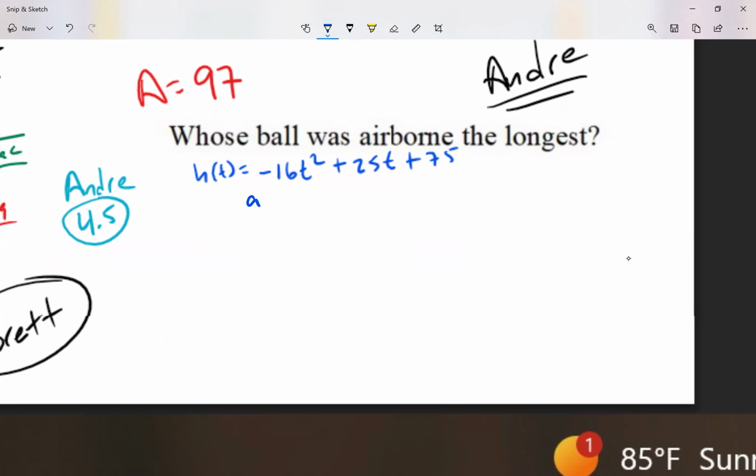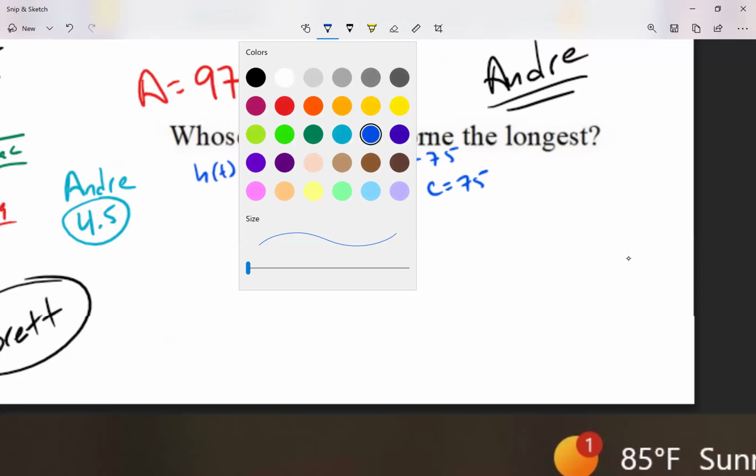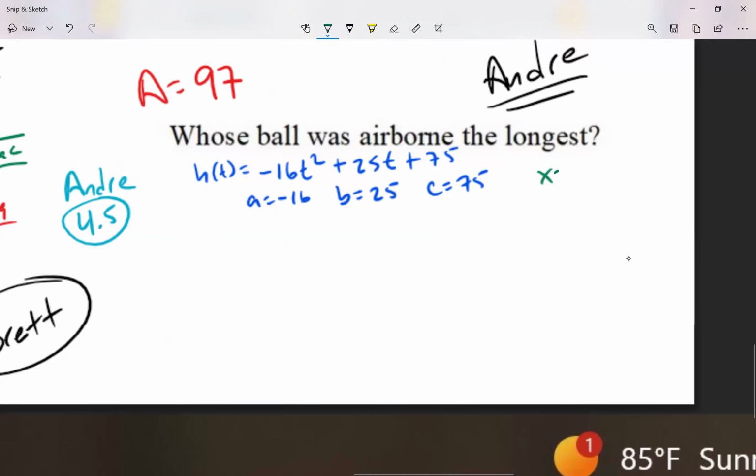So that means my A is negative 16, my B is 25, and my C is 75. And I remind myself the quadratic formula is negative b plus or minus the square root of b squared minus 4 times a times c, all of this divided by 2a. I'm not going to try factoring. Forget that. It's going to be complicated.